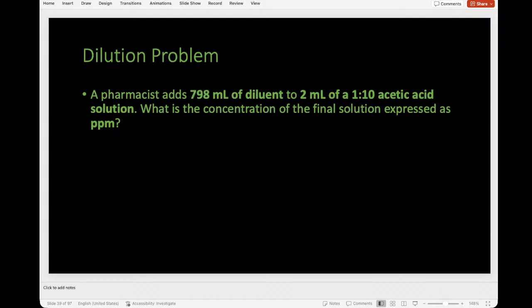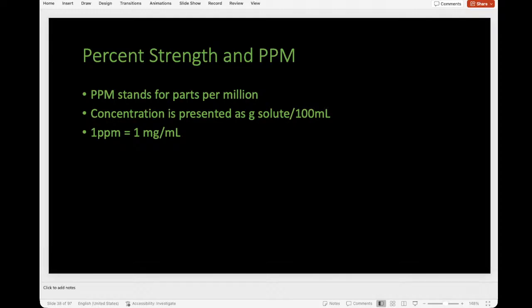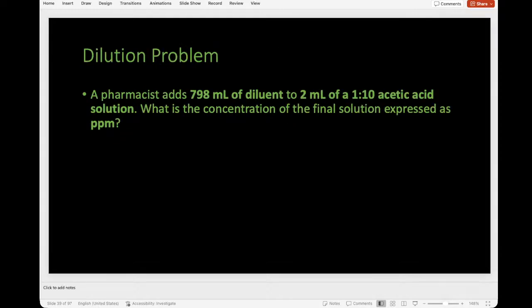So here's a dilution problem. A pharmacist adds 798 milliliters of diluent to 2 milliliters of a 1:10 acetic acid solution. What is the concentration of the final solution expressed as ppm? I don't think you should be confused, since we just talked about 1 ppm equals 1 milligram per milliliter. So you could just represent it as milligrams per milliliter. If you know how many milligrams per milliliter, you can figure out the ppm.